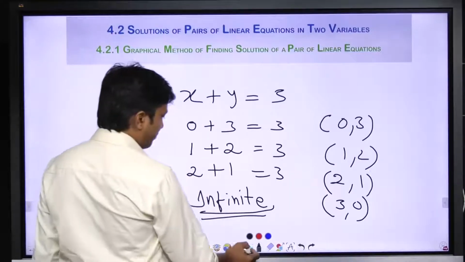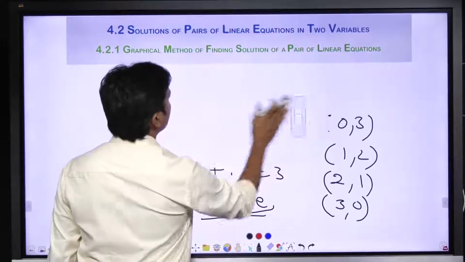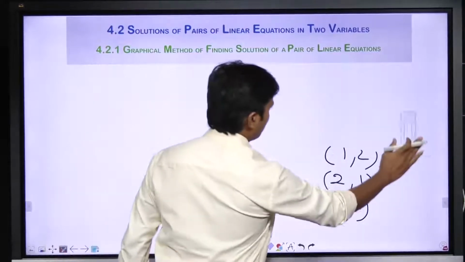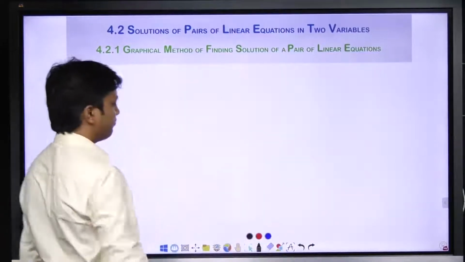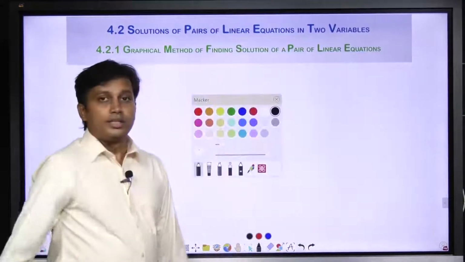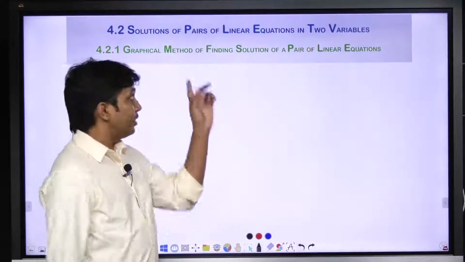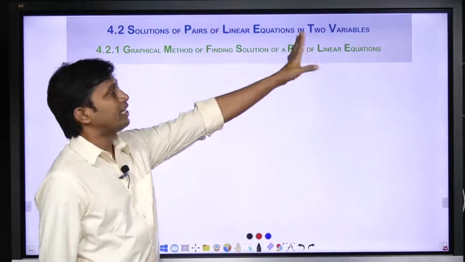Now just see. See this, guys, here we said that what is the topic here? Solution of pairs of linear equations.